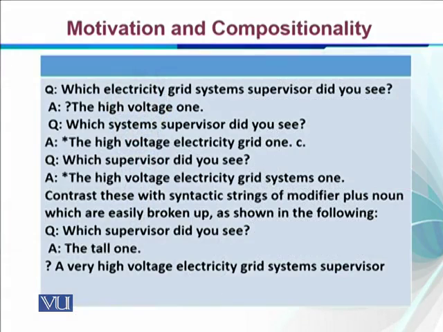For example, if we have a question like this, which electricity grid system supervisor did you see? The answer can be the high voltage one. But if your question is, which system supervisor did you see? Now the high voltage electricity grid one is not possible. This will be incorrect. Which supervisor did you see? The high voltage electricity grid systems one, it's not possible.